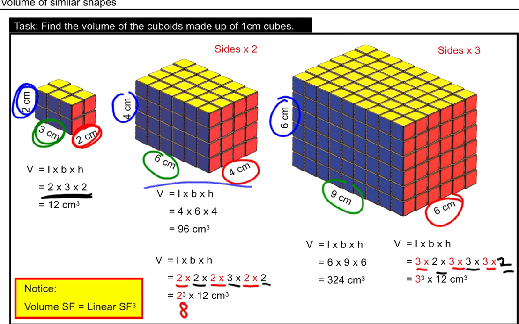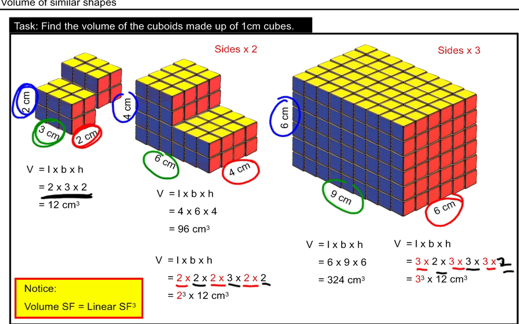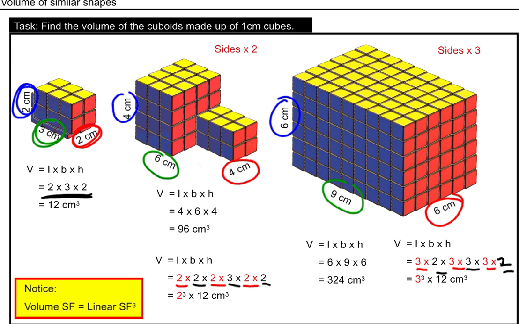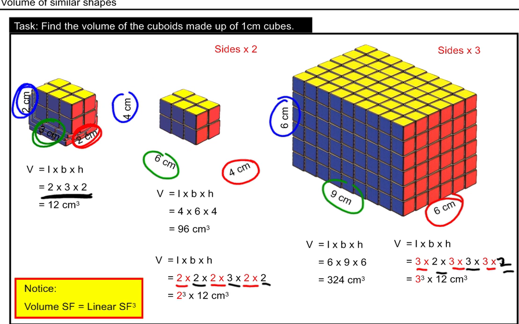And watch. So I just break this down. I've got 1 of my original cubes, 2, 3, 4, 5, 6, 7, 8. 8 of my original cubes. 8 lots of my 12 cubic centimetres.